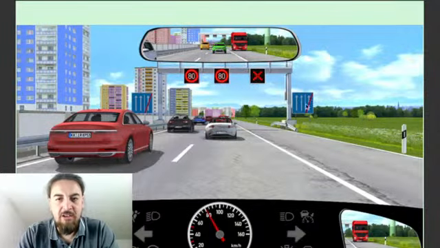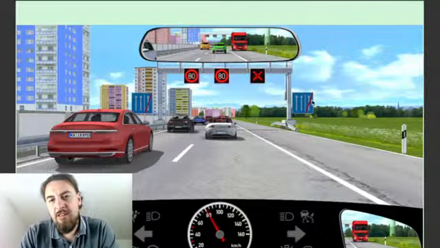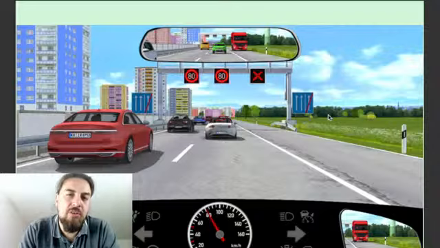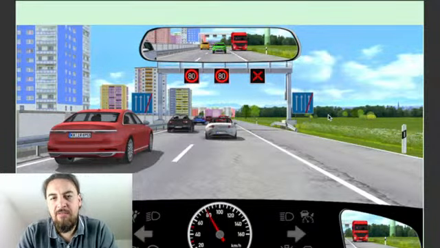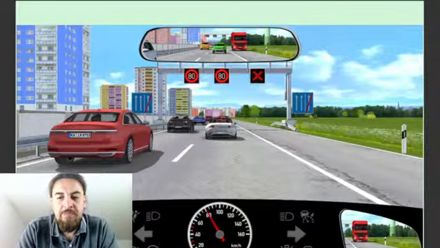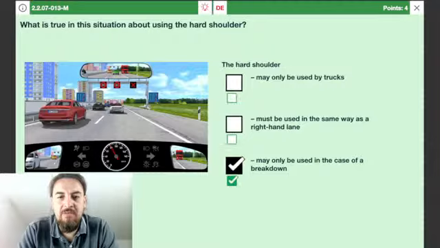So they can be in combination, but actually just one of them. It could be this or that one on the right. One of them is enough to tell you you're not allowed to use it. Even if there would be no sign, you wouldn't be allowed to use it either. So the only correct answer in that one is may only be used in case of a breakdown.